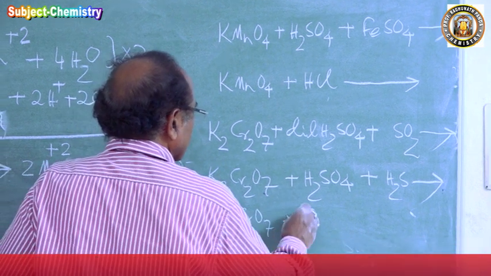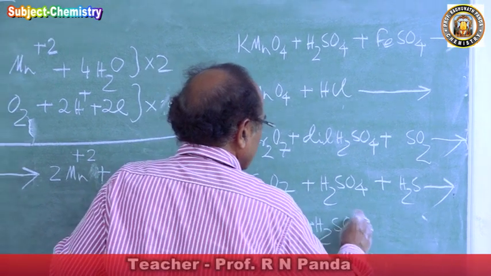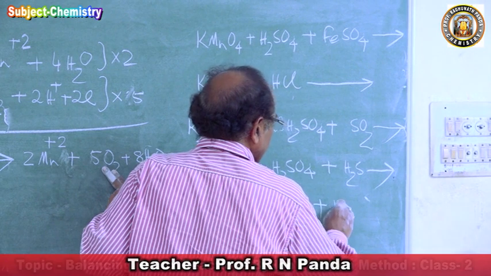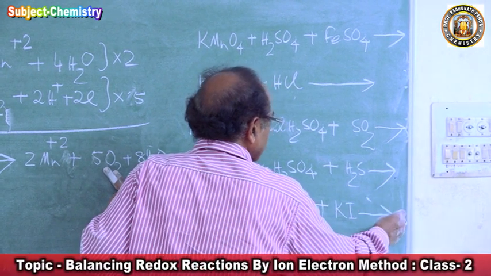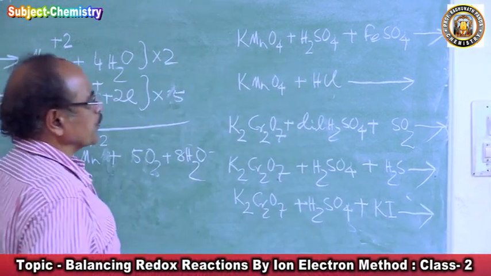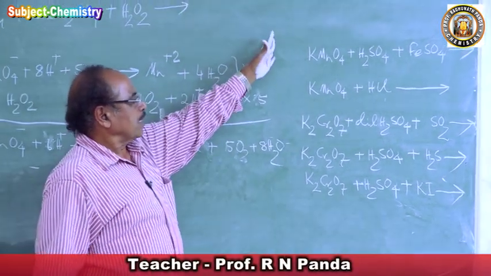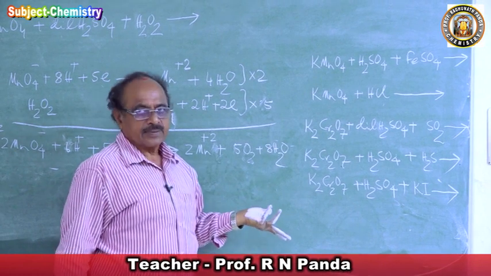Then K2Cr2O7 plus H2SO4 plus potassium iodide. So these are the equations you try, because we have done all these reactions. We have done their partial equation method.